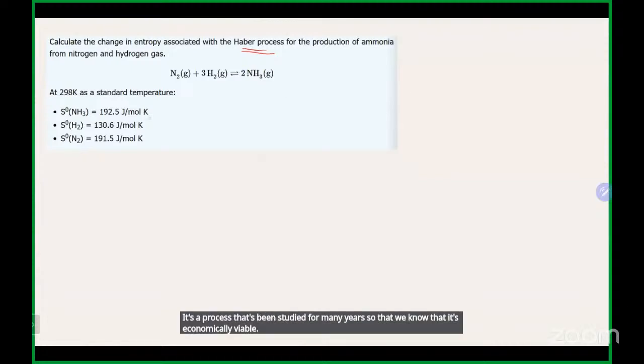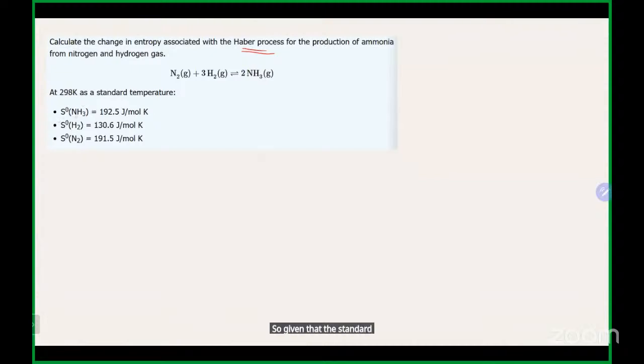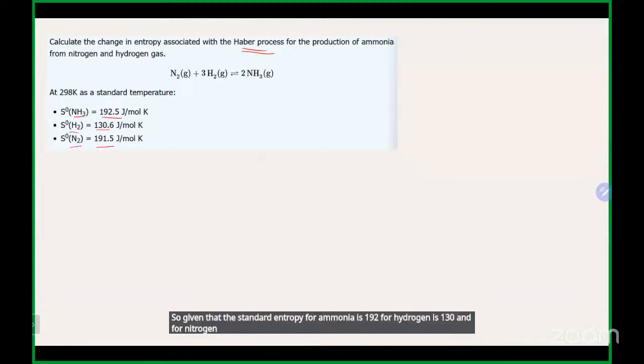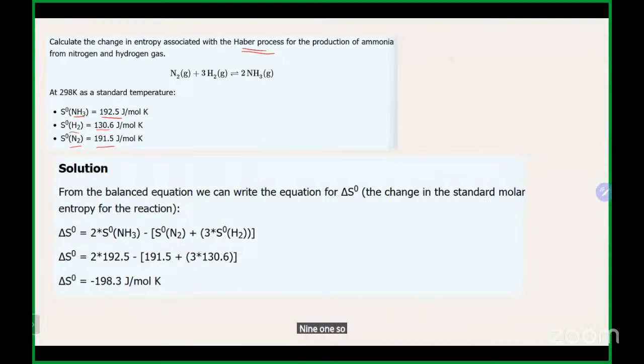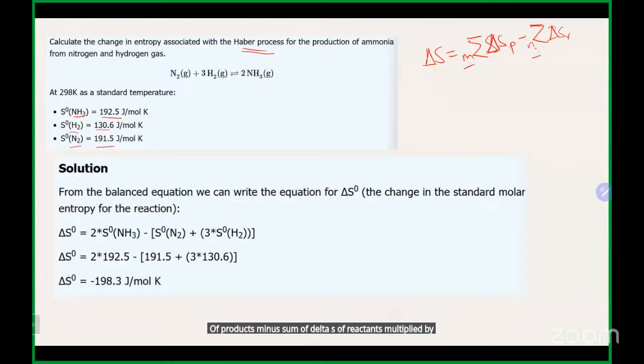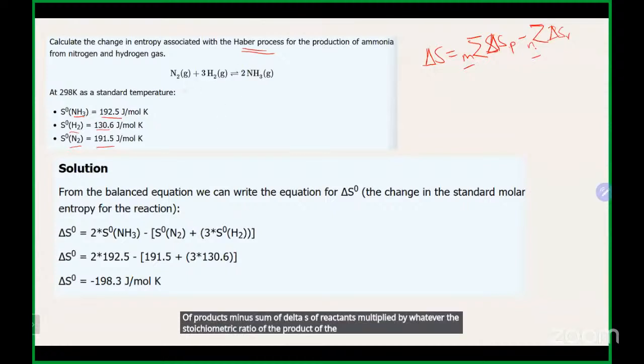So given that the standard entropy for ammonia is 192, for hydrogen is 130, and for nitrogen is 191. So from the equation, delta S is the sum of delta S of products minus the sum of delta S of reactants, multiplied by whatever the stoichiometric ratio of the species is.